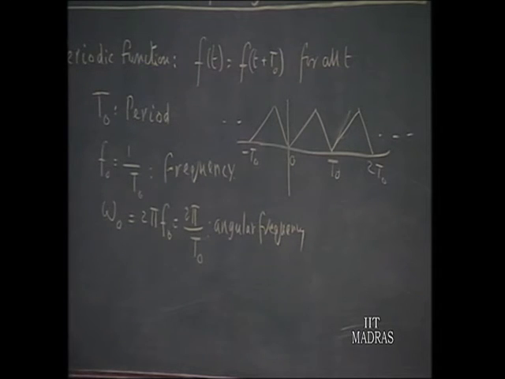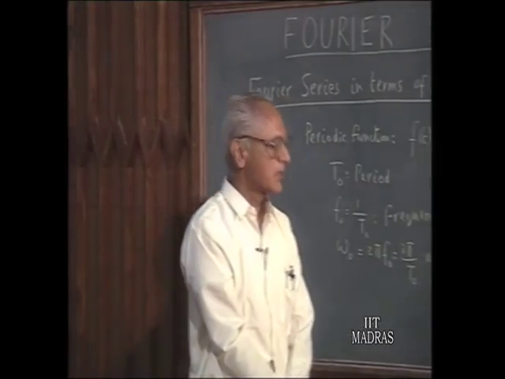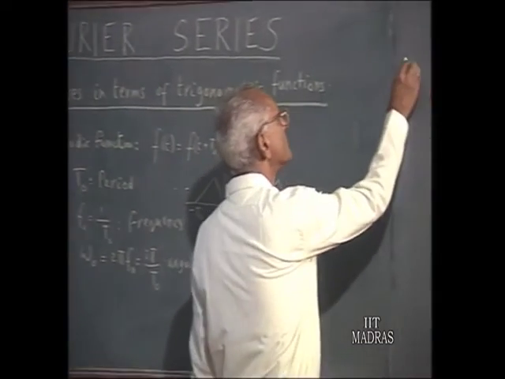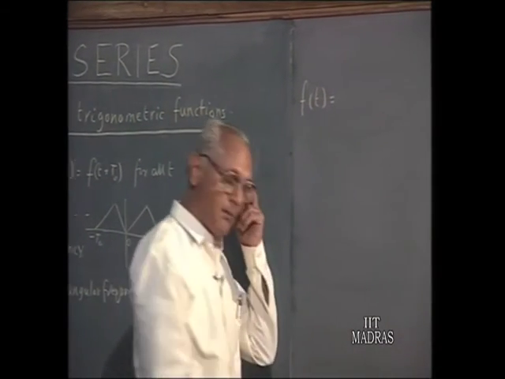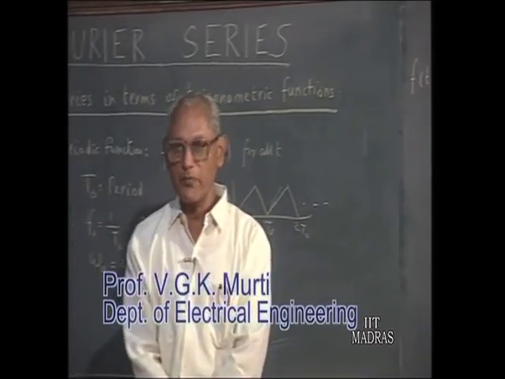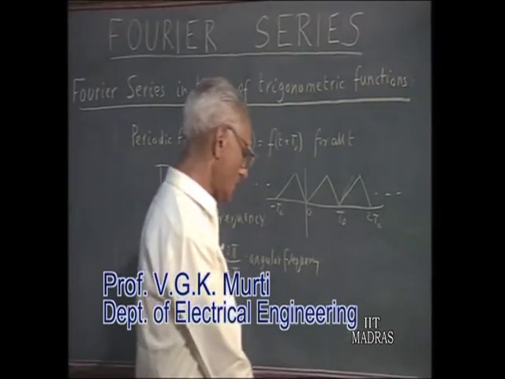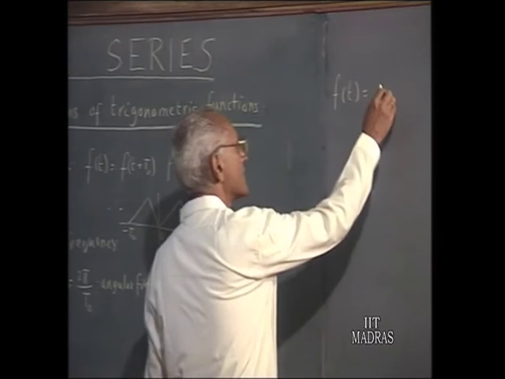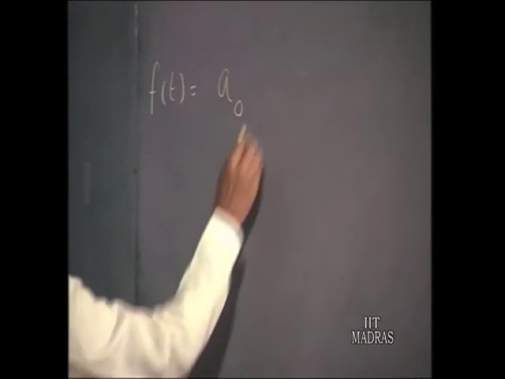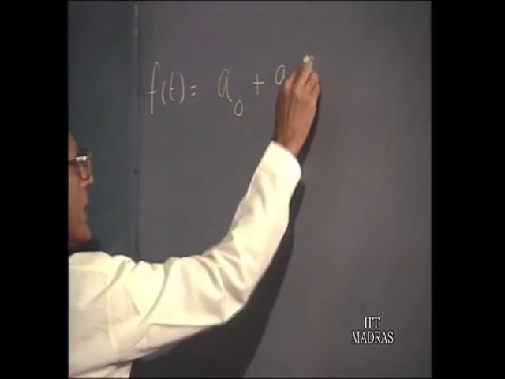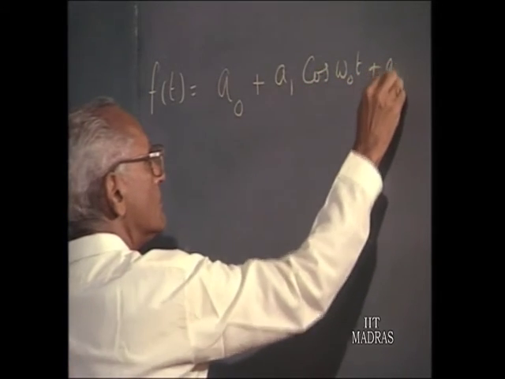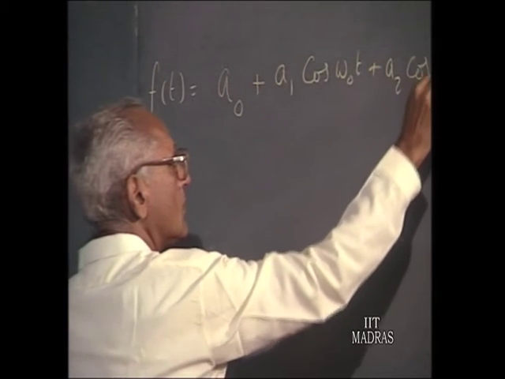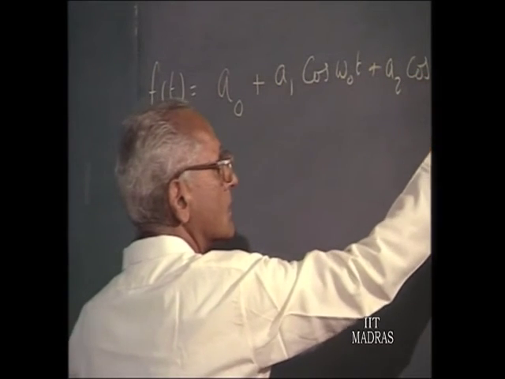According to Fourier, any periodic function of this type can be expressed as the sum of a DC component plus various sinusoidal functions. It goes like this: f of t in general can be expressed as a naught plus a1 cos omega naught t, a2 cos 2 omega naught t, like that.